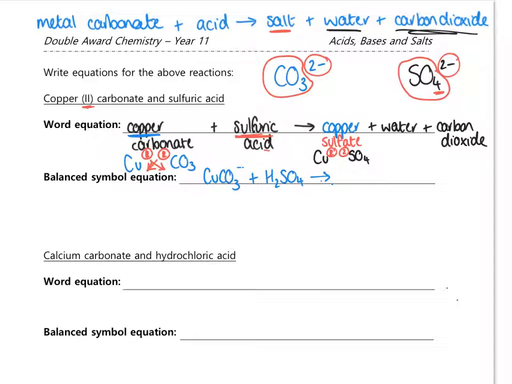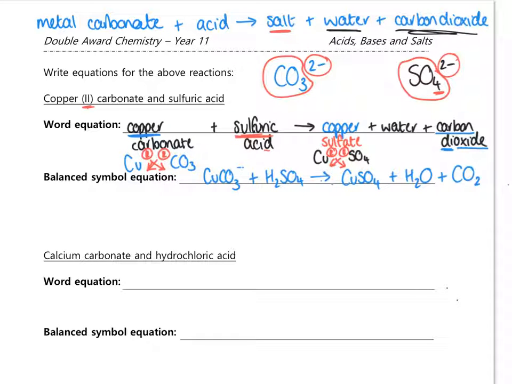Again, that cancels down to 1 to 1. And when I swap and drop, I'm just going to end up with CuSO4. I also have water, and I have carbon dioxide. Carbon dioxide is CO2. We know that because it's carbon, which is C, and then di means 2, and oxide means oxygen. So 1 carbon and 2 oxygens.